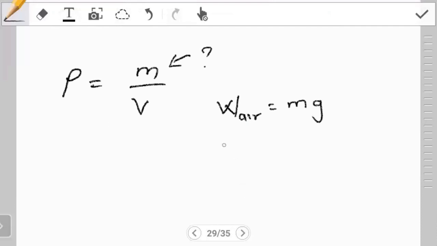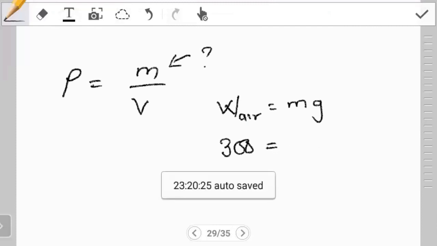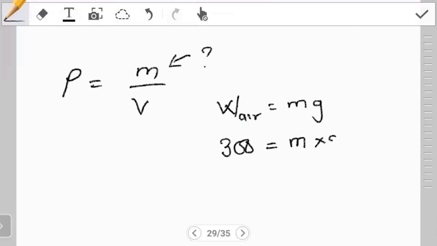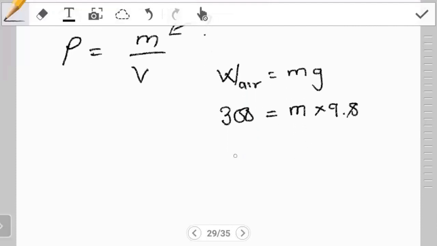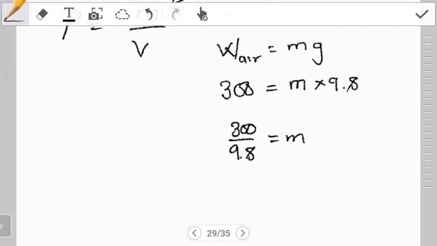Since the weight in air was given as 300 newtons, this can be given by the mass that we are trying to find times gravity, 9.8. If we divide both sides by 9.8, we end up with 300 divided by 9.8, giving us the value of mass. So we can conclude that the mass of this particular object is 30.6 kg.